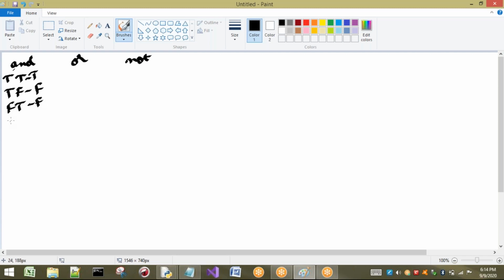FT, false. FF, false. For or: TT gives T, TF gives T, FT gives T, FF gives false. Last one, not: if T, the answer is false. If false, the answer is true.